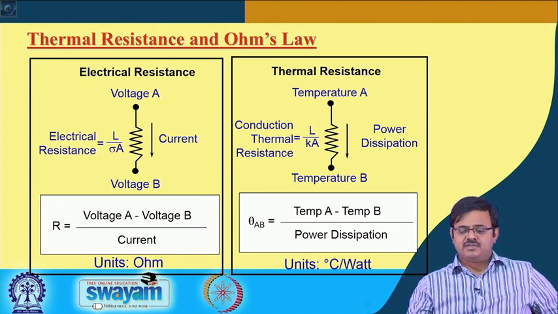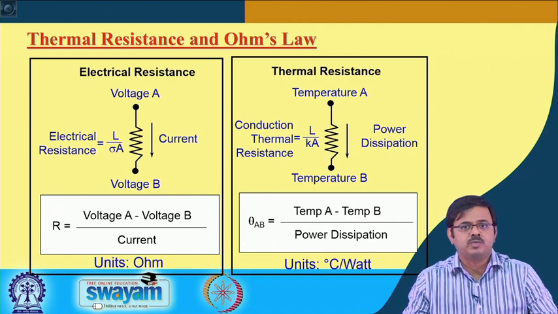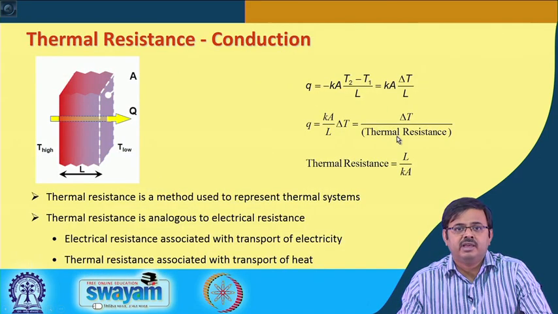And that, as we saw in the previous slide, comes to be L over K A. L is the distance through which the heat has to flow, A is the cross sectional area and K is the thermal conductivity.